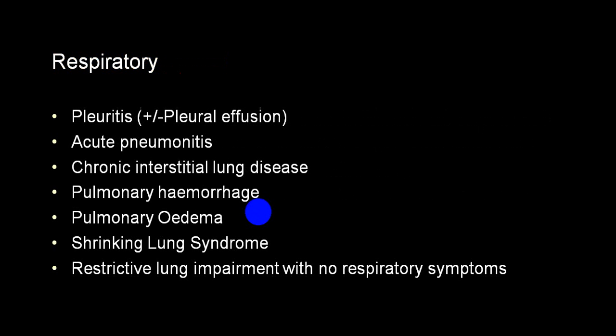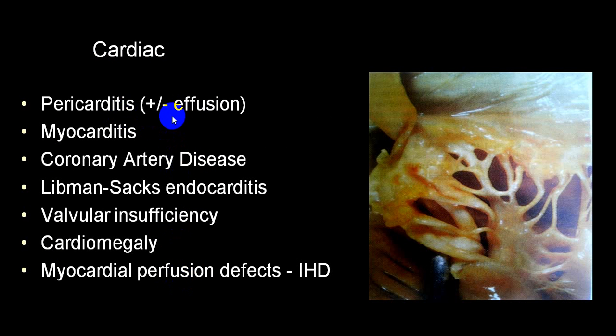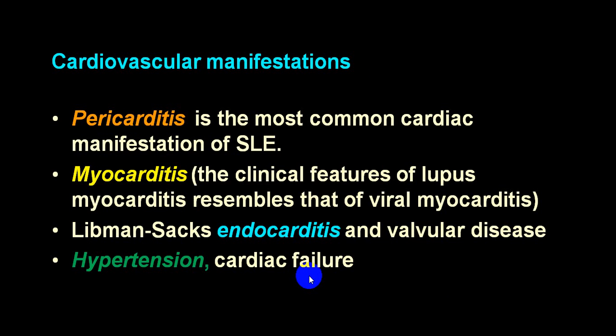This is kidney involvement. These are different types of respiratory involvement, right from pleuritis to pleural effusion, pneumonia, interstitial lung disease, hemorrhage, pulmonary edema, shrinking lung syndrome, restrictive lung, etc. In cardiac: pericarditis, pericardial effusion, even you can have myocarditis, coronary artery involvement, Libman-Sacks endocarditis, valvular insufficiency, particularly MR, cardiomegaly, and even myocardial perfusion defect leading to ischemic heart disease.